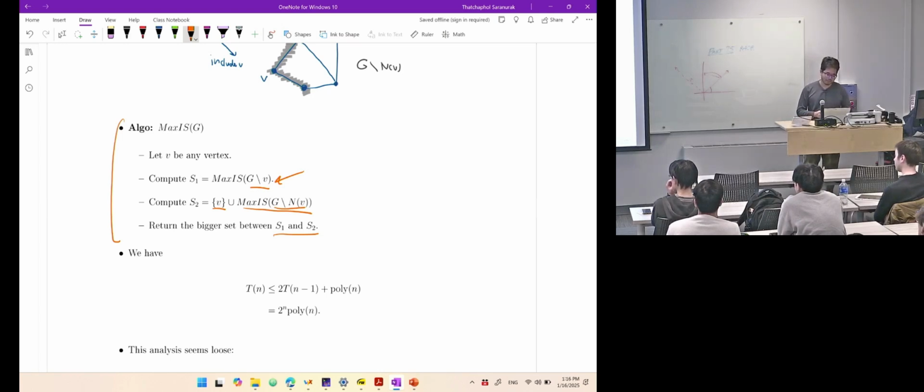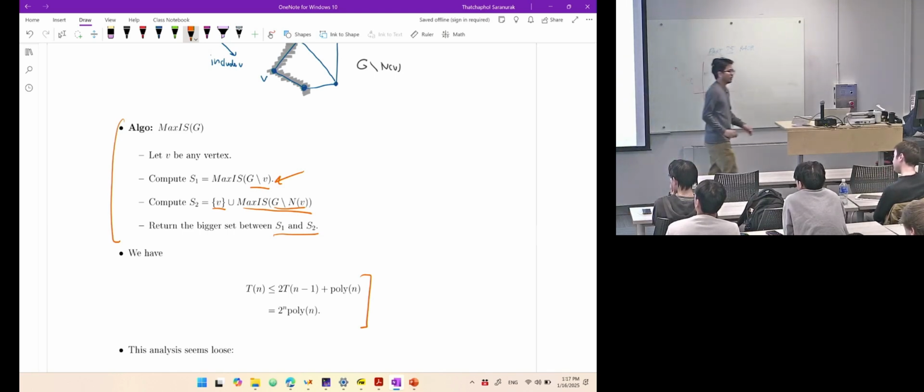That's the algorithm. But the recursion looks like this. In either case, you know that the graph size is reduced by at least 1, and you try 2 guesses. And you spend maybe linear or polynomial time outside. When you solve the recursion, you can do it by unfolding. You can unfold this n times, you get to the end.